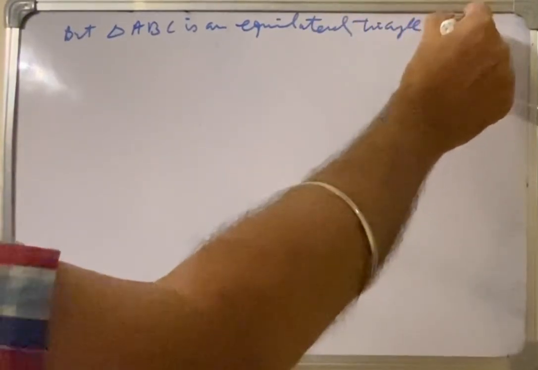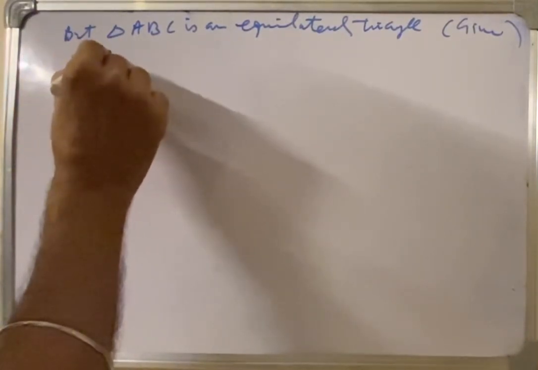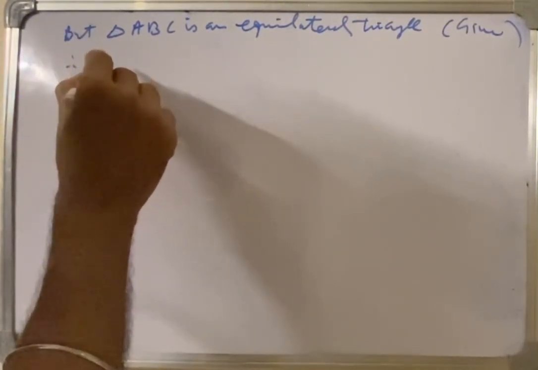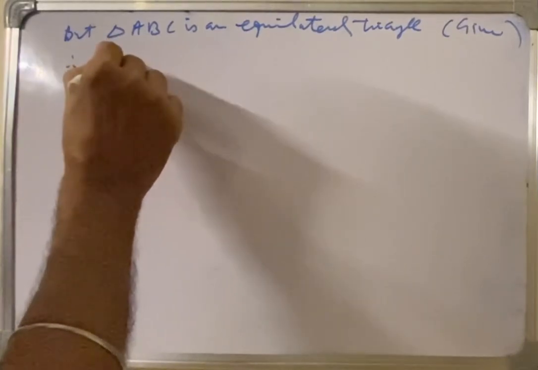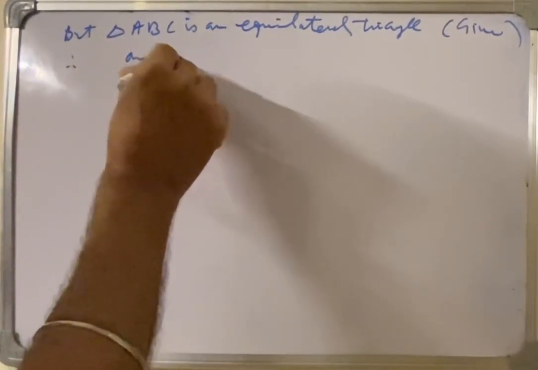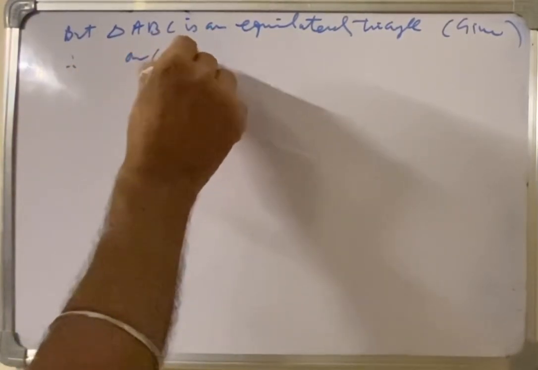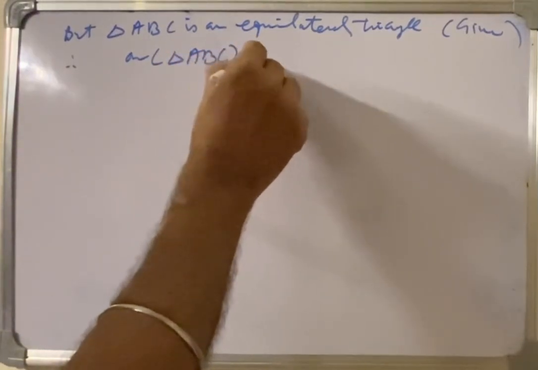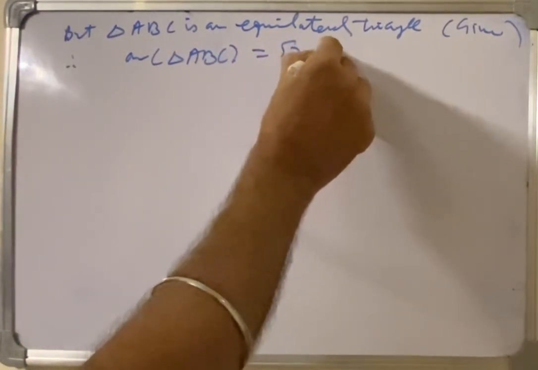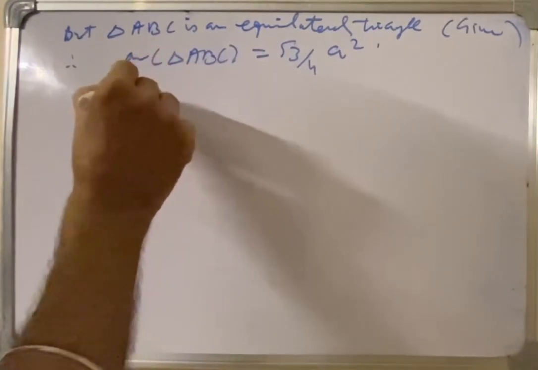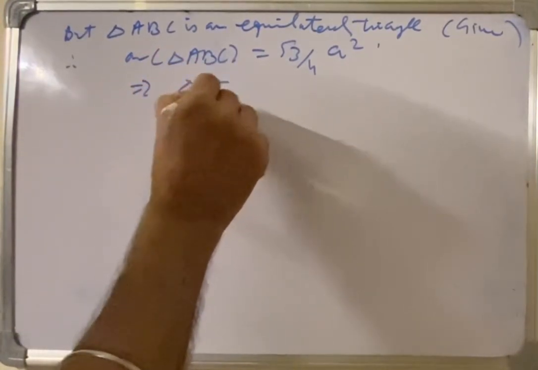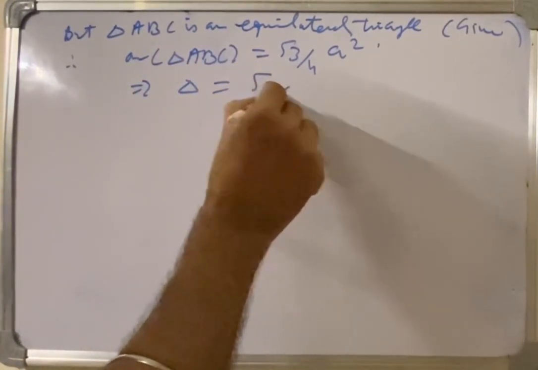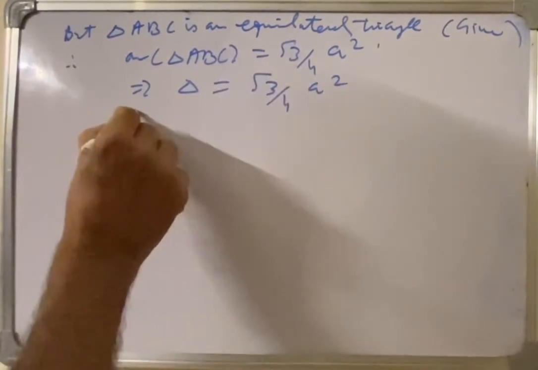This is given. Therefore, area of triangle ABC is square root 3 by 4 a square. Therefore, delta is equal to square root 3 by 4 a square.